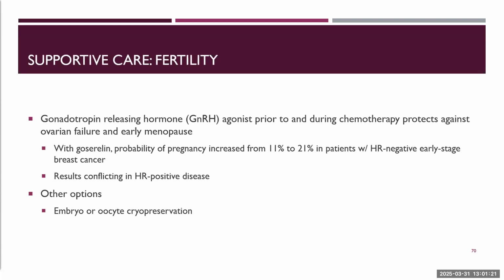With goserelin, the probability of pregnancy increased from 11% to 21% in patients with HR-negative early-stage breast cancer. Results are more conflicting in HR-positive disease. So these patients, if they really want to have a family, they might do embryo or oocyte cryopreservation as well. So it really just depends on what the patient's wishes are and what they desire in terms of family planning.